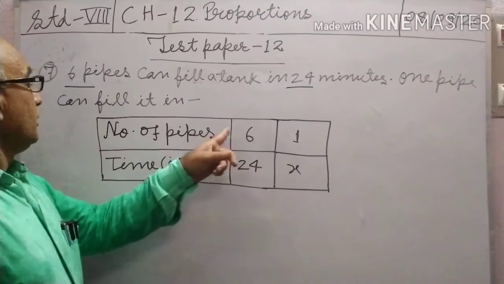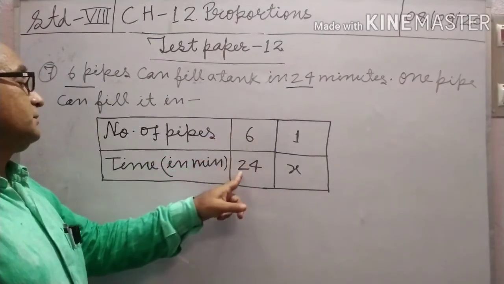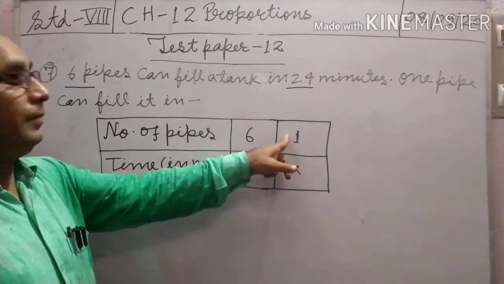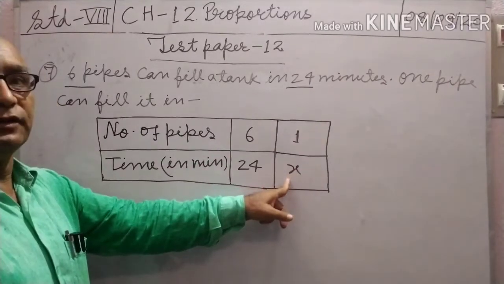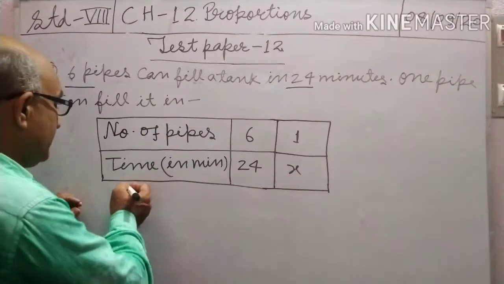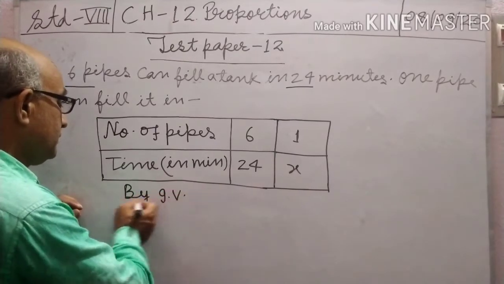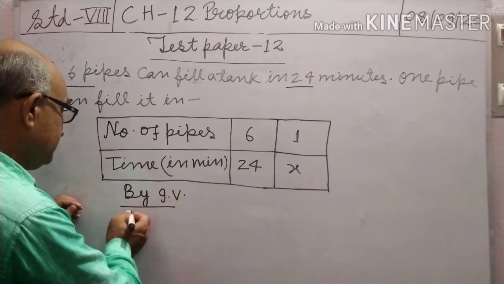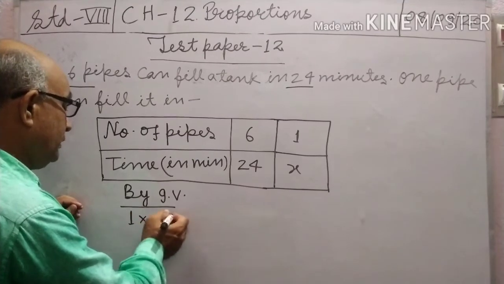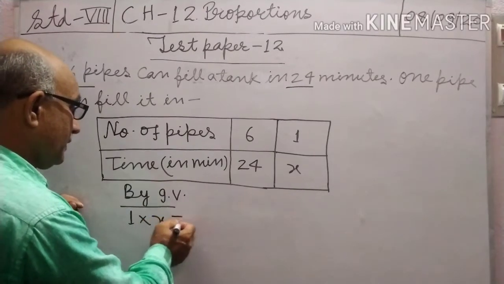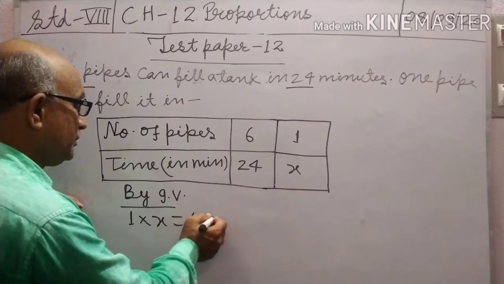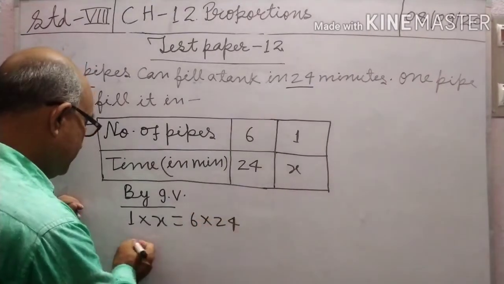Now pipes increase, time decreases. Pipes decrease, time increases. It is inverse variation. So by inverse variation, 1 into x equal to 6 into 24.